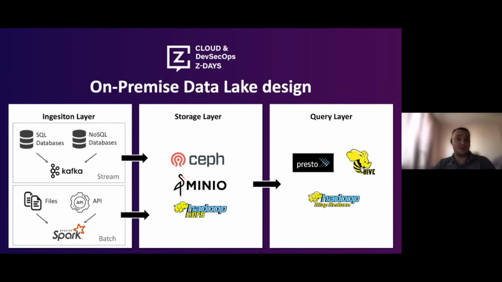Then Ceph also has S3 protocol support, so it also can be used as a storage layer for your data lake. And then for the query layer, I would go with Presto for some structured data and with Hadoop MapReduce for some unstructured data. Also, you could go with Hive. It's just up to you, depending on the requirements. But yeah, these are the most commonly used systems and the ones that I would probably use.